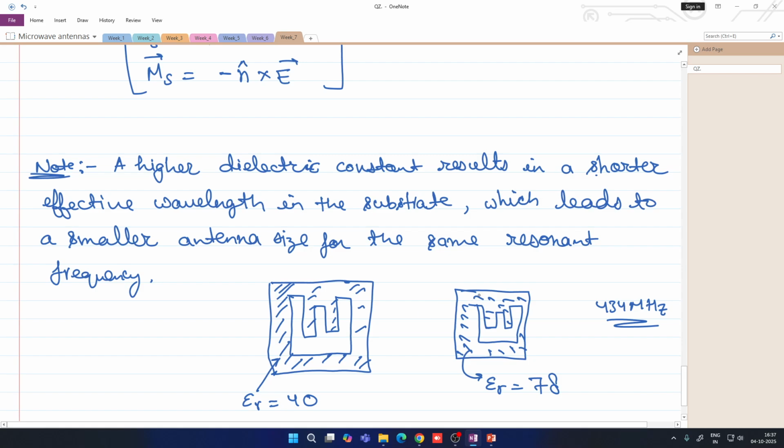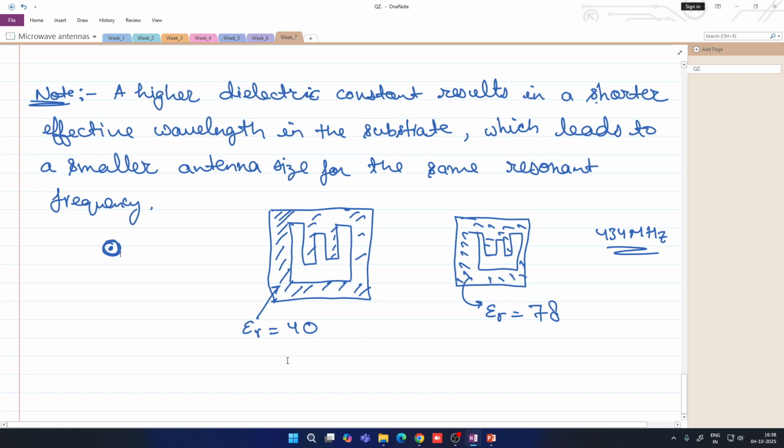So that's what people are using for microstrip antennas to reduce the size. That's why you can see some small antennas radiating at some frequency, but their size is small compared to the frequency that they should be resonating at. That is because of the high dielectric substrate. So a lot of research has been going on to find high dielectric ceramic materials which can be used as a substrate for these antennas.